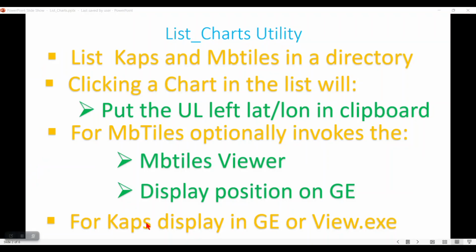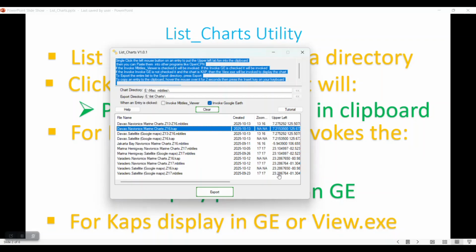Okay, the second thing it can do for a cap is view it on the view.exe direct program that comes with Sat2Chart. So if we go back to our charts here and we pick one, that's the Varadero one again, and we're not going to invoke Google Earth, so we'll uncheck this and we'll click this one, Varadero.